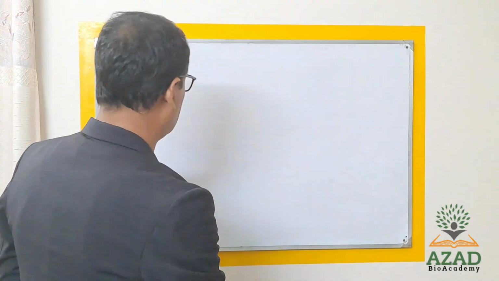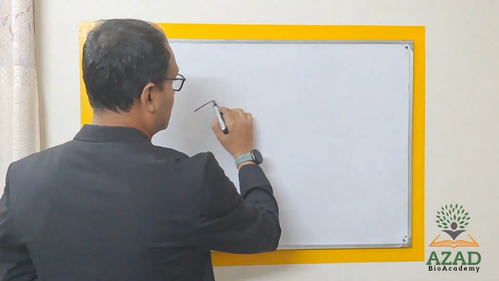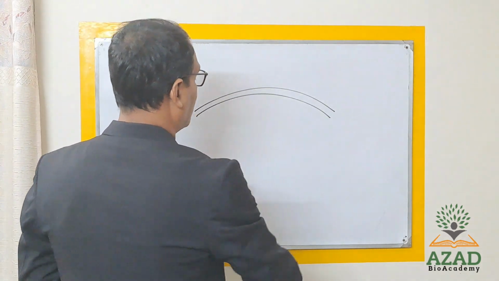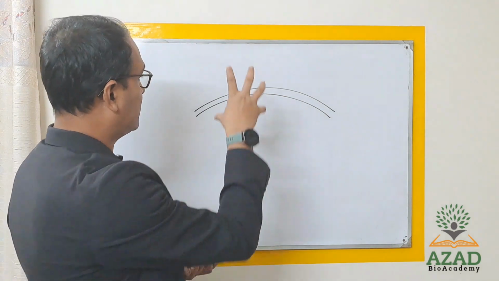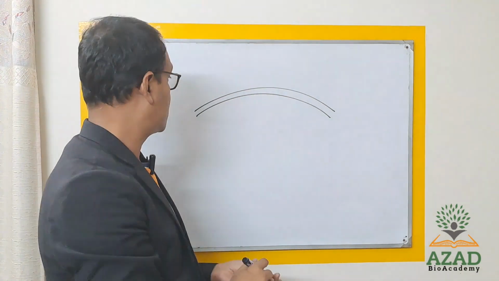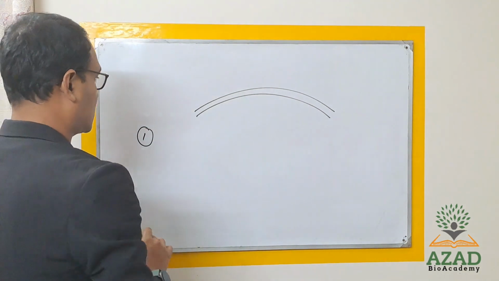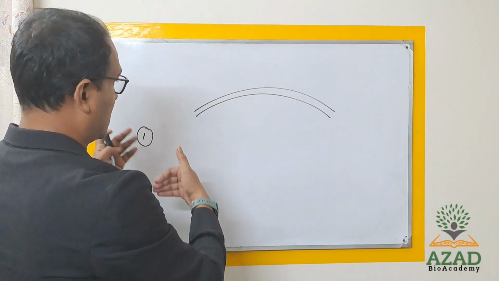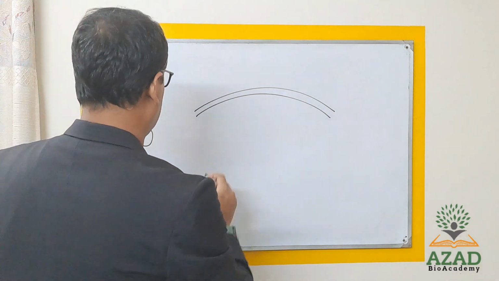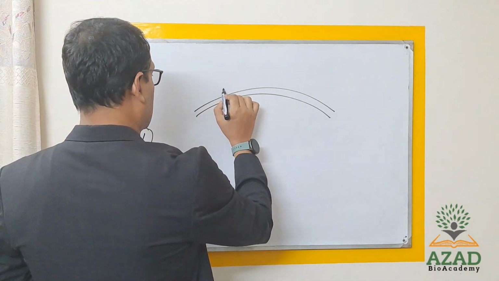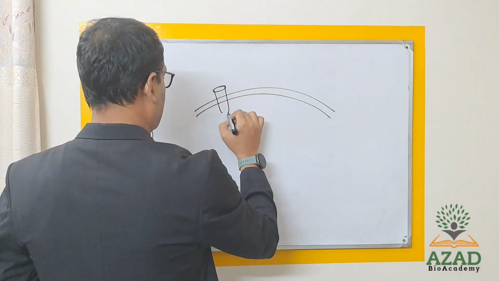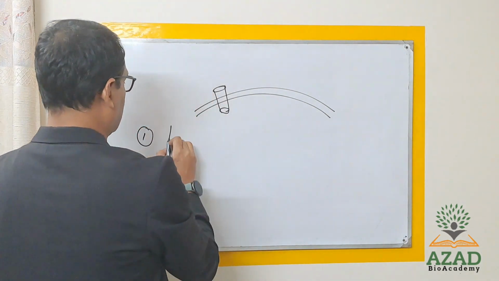Firstly, if you think this is the membrane of a nerve cell, how many ion channels are there? I will discuss them one after another, stepwise. Firstly, I will talk about the leak channel.